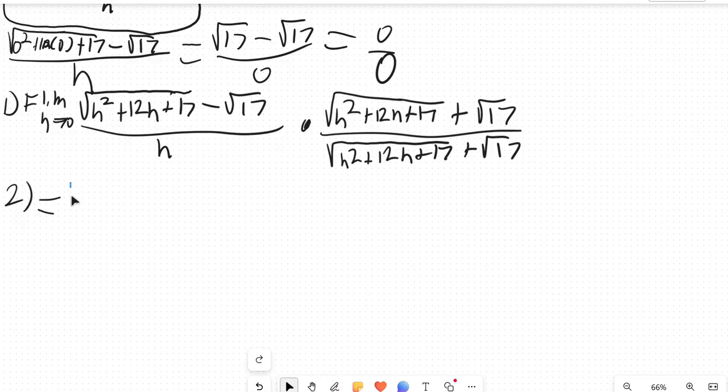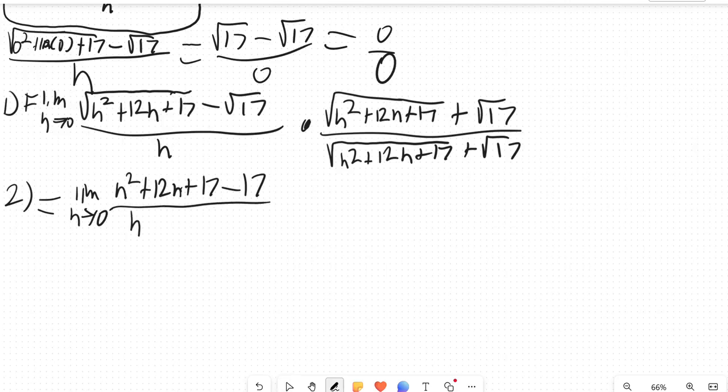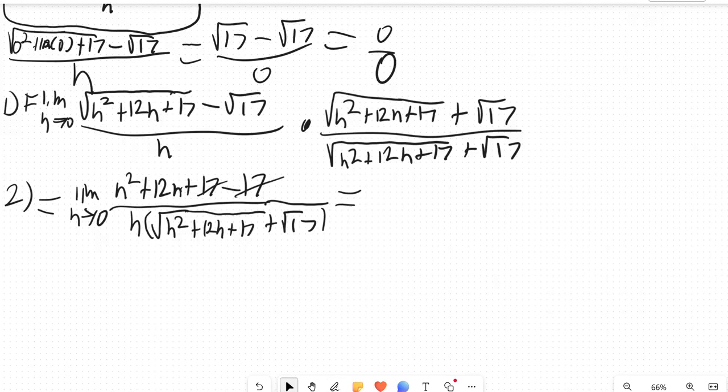So we are left with the limit as h approaches 0 of h squared plus 12h plus 17 minus 17, over h multiplied by square root of h squared plus 12h plus 17 plus square root of 17, which will become h squared plus 12h on the top because the two 17s cancel out.